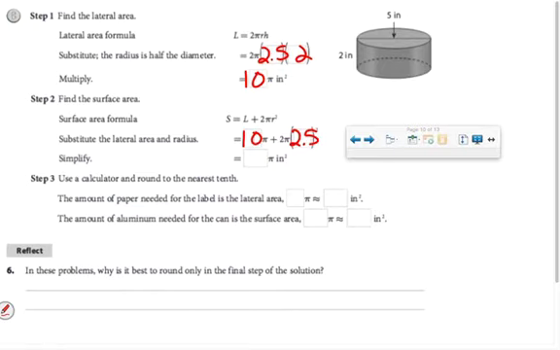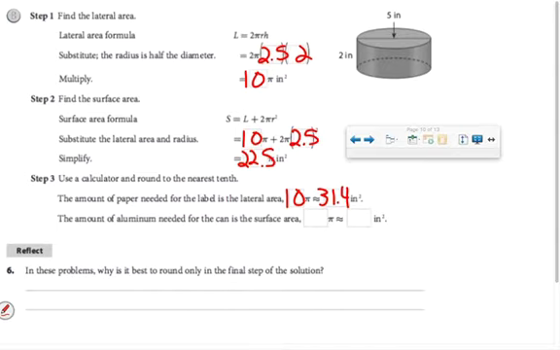So I evaluate that. 2.5 squared times 2 is 12.5, plus 10 will then be 22.5. So the amount of paper needed is that lateral area, 10 pi, which I evaluate and get approximately 31.4.